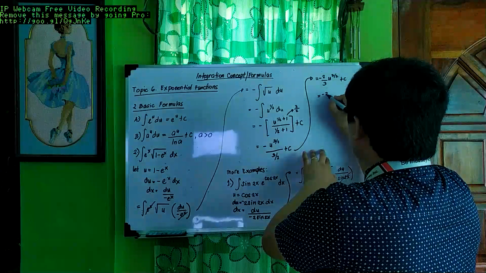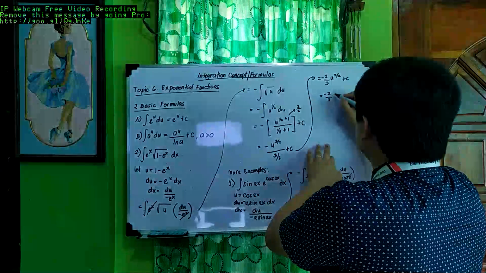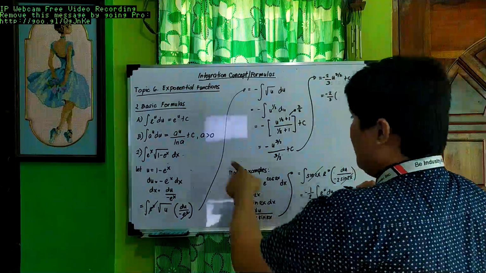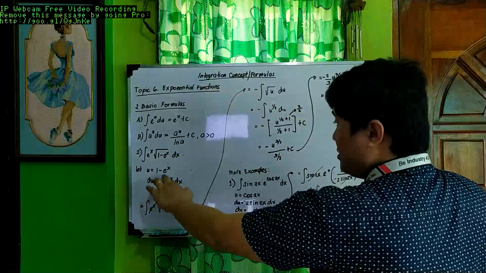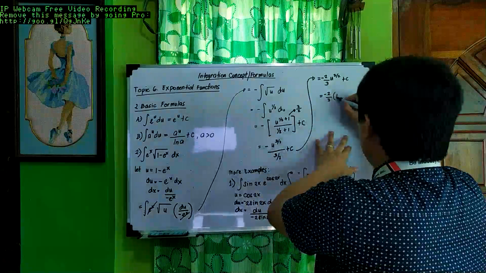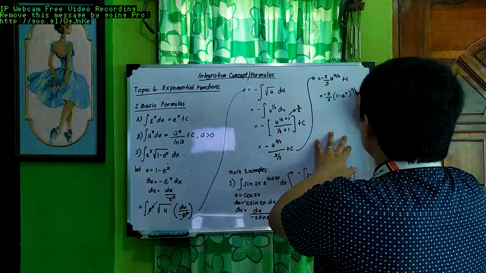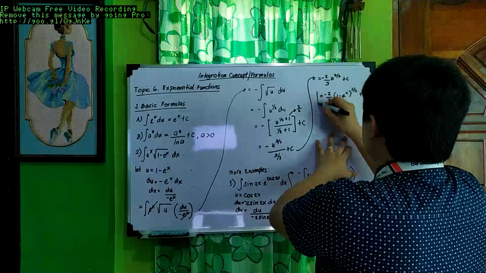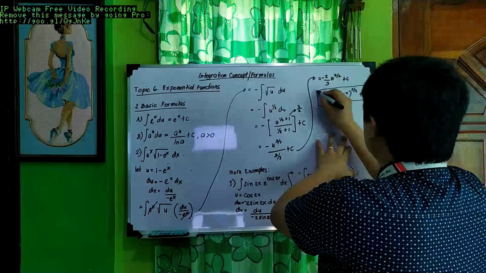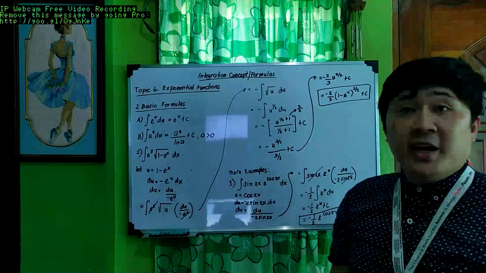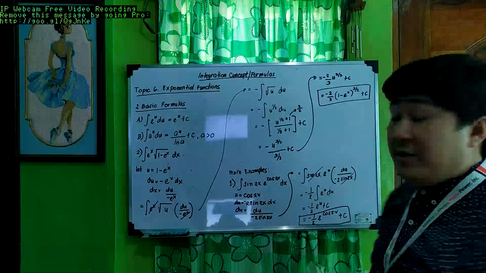So negative 2/3. What is our u? Our u is 1 minus e raised to the power of x. That is negative 2/3 times 1 minus e raised to the power of x to the 3/2 plus c. Okay? So, we have that answer.